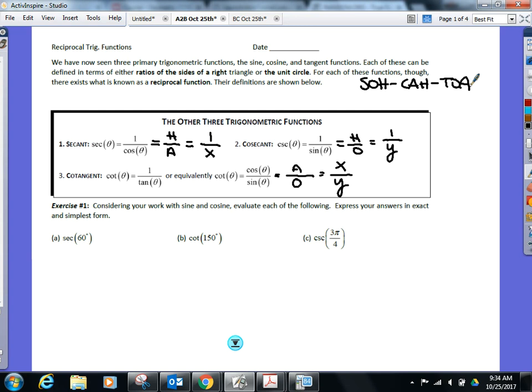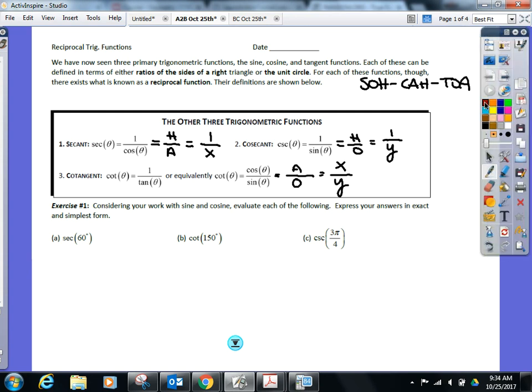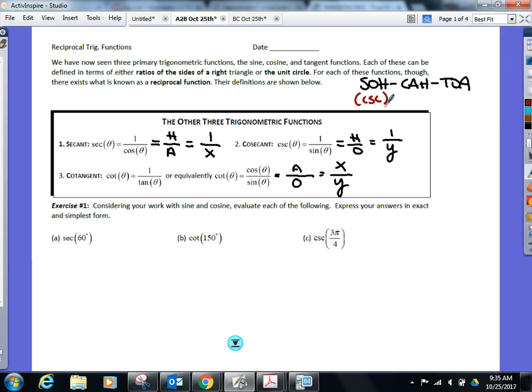No one really ever asks which one goes with tangent because the name of this one is cotangent. Okay, but everyone always mixes up which one goes with cosine, which one goes with sine. Here is your answer right now. I always write out SOHCAHTOA, and then underneath I write out the reciprocals. Cosecant goes with sine. Secant goes with cosine. And we all know cotangent goes with tangent.